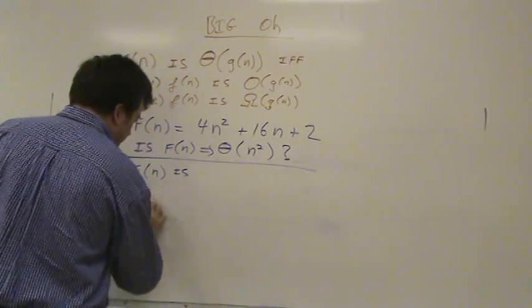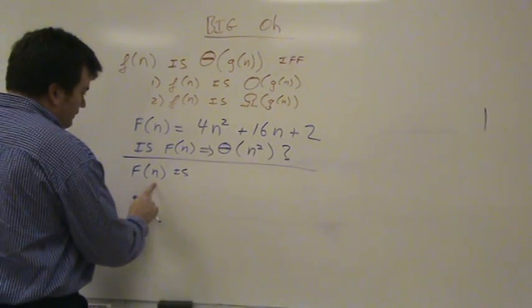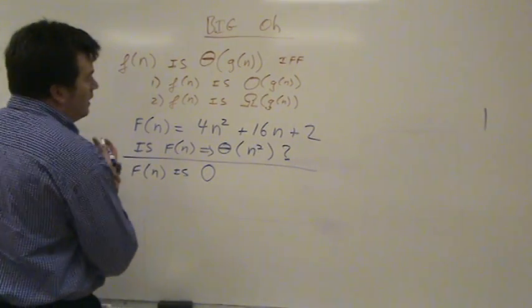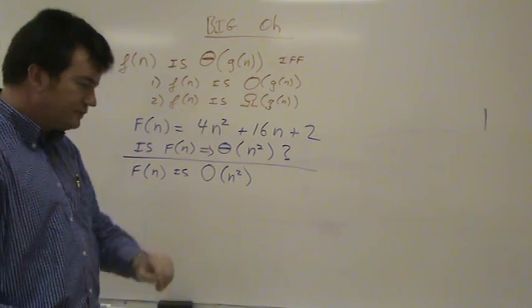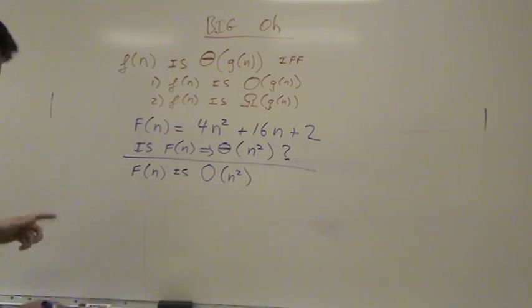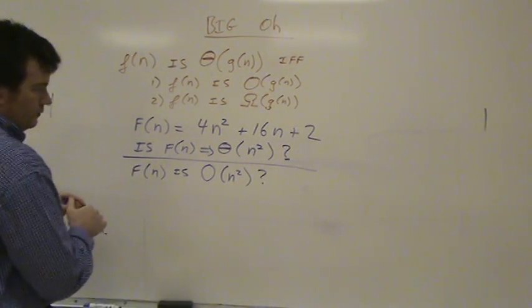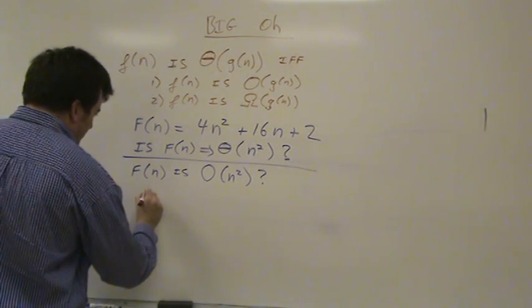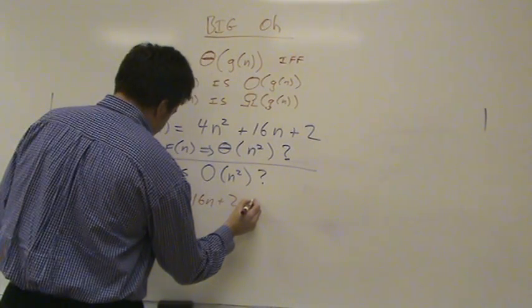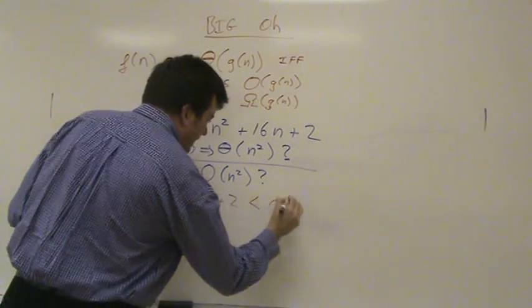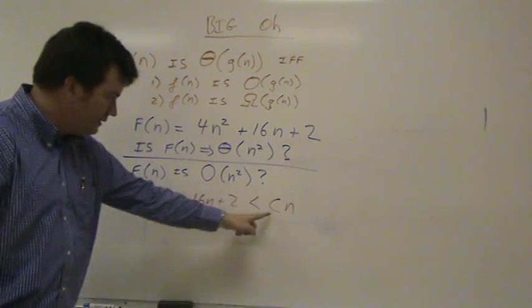So that was generally the easy one. The one that's a little bit difficult to do, which usually requires doing a few runs of it and finding the correct value of n, is f of n big O of n squared. Just before, yes, it is big O of n to the 4th. Now we're trying n squared. This is a little different. We need to have the situation where 4n squared plus 16n plus 2 is less than some constant times n squared.